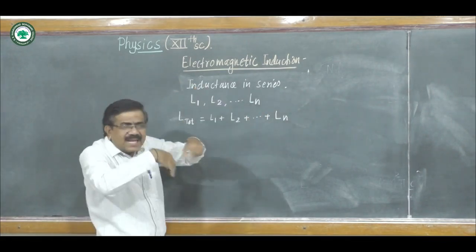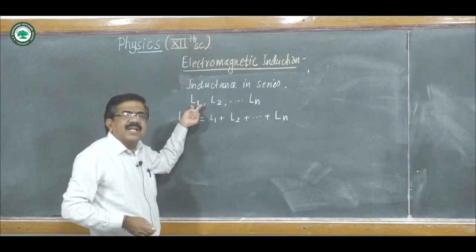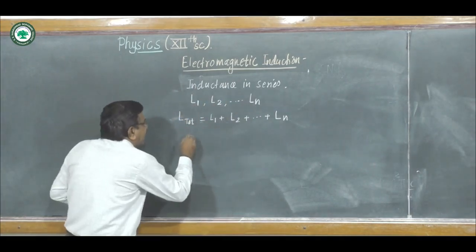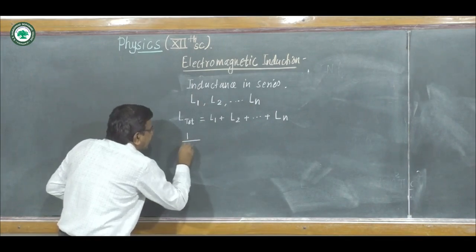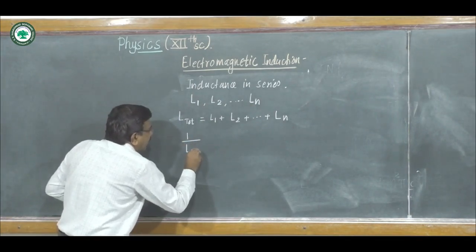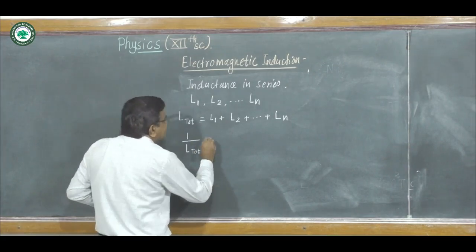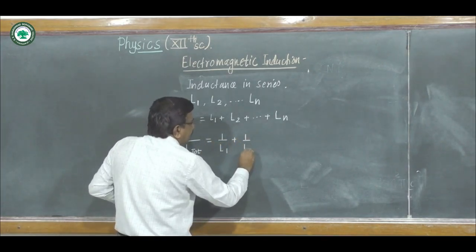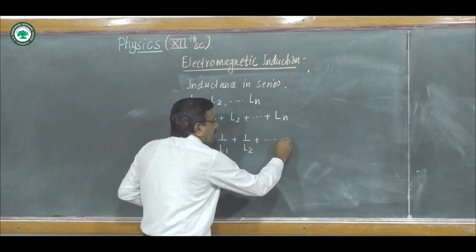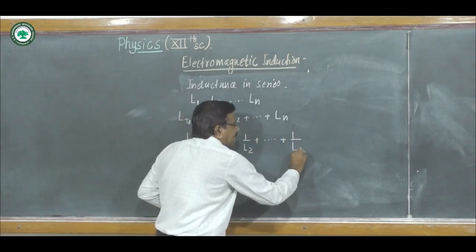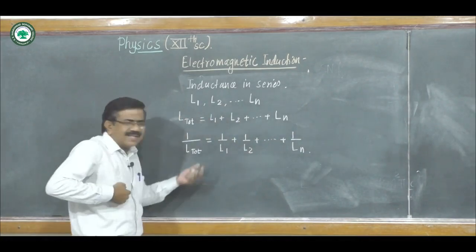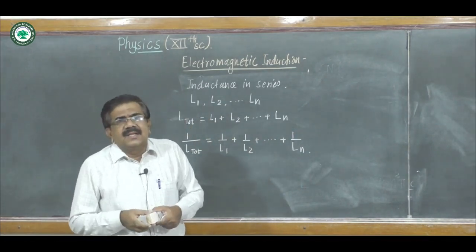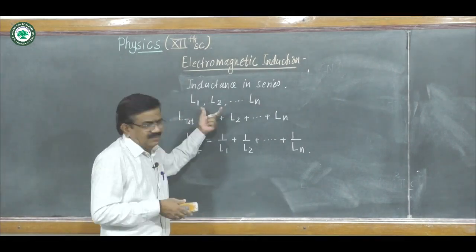If inductances L1, L2, Ln are connected in parallel, then 1 upon the total inductance is 1 upon L1 plus 1 upon L2 plus 1 upon Ln. These are the formulae, same as for resistances in series and resistances in parallel.